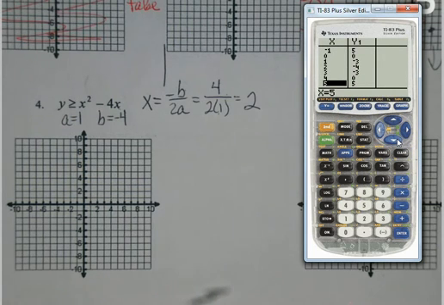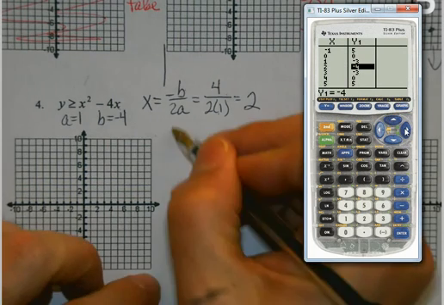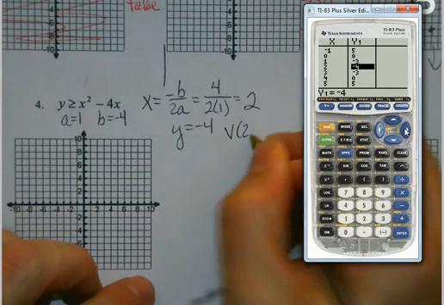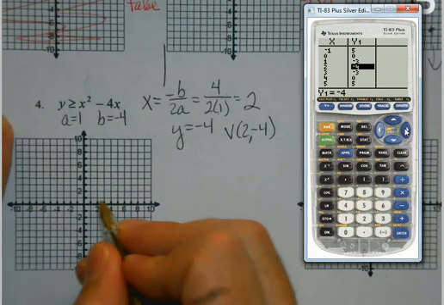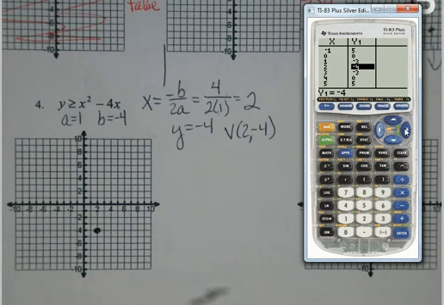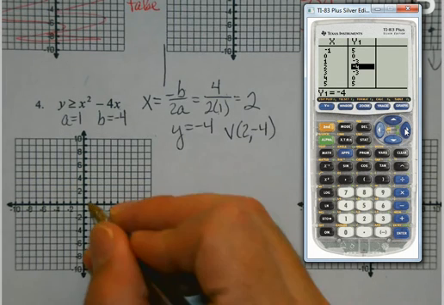Check me out. There's symmetry. And it also tells me that when x equals 2, y equals negative 4. And that's where my vertex would be, or my center. So I get that in there. And now again, well, I've already got the chart up. I might as well use it. Oh, yeah. Uh-oh.